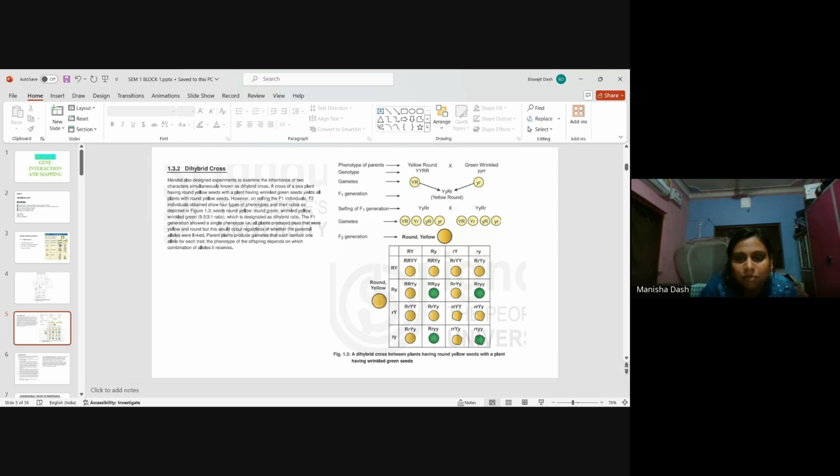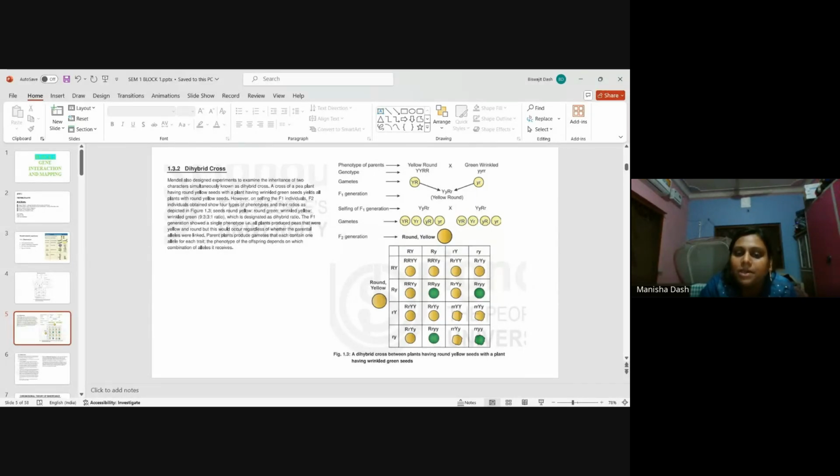So what are they? One is round with green. Earlier it was round with yellow, but now you have round with green. Similarly, the second new combination is wrinkled with yellow, but in the parental generation what we had was green with wrinkled.